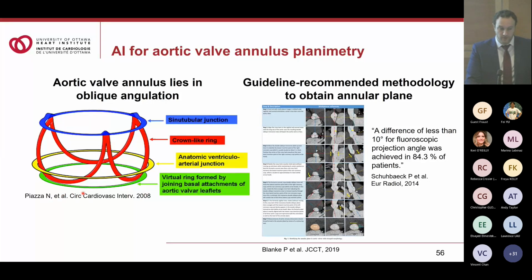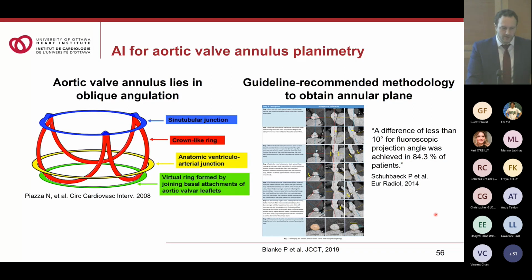There are guideline-recommended methodologies to obtain this plane within the CT scan. The thing about the aortic valve annulus is that it lies oblique, so you can't obtain it well in an axial, coronal, or sagittal slice of the CT scan. It's really an oblique structure, so you need a methodology to find the valve annulus.